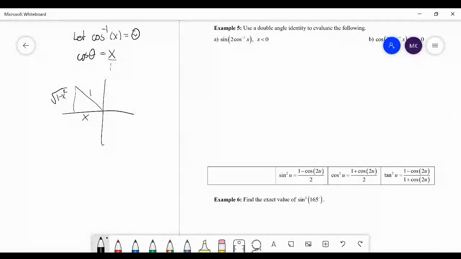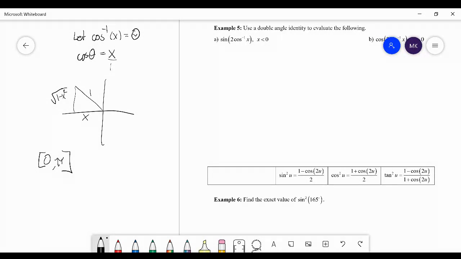If you remember, inverse cosine gives angles from 0 to pi. That is why it has to be in the second quadrant, because inverse cosine only gives us an angle back in 0 to pi. It wouldn't go back over here. And because x is negative, it has to be here.